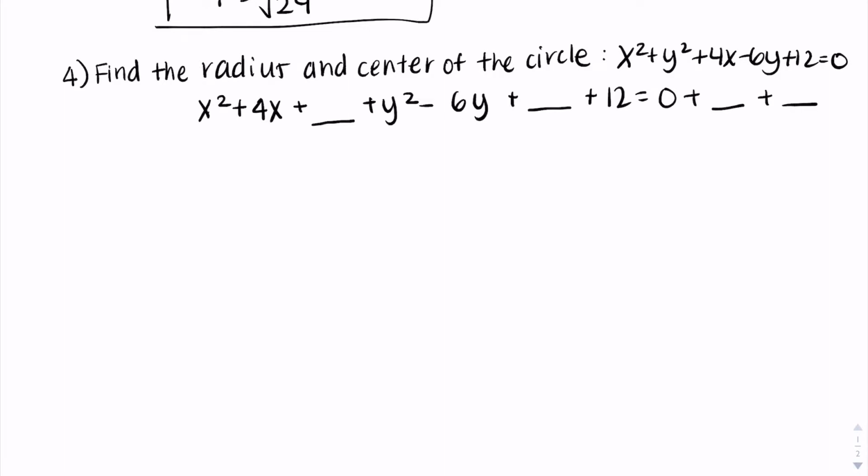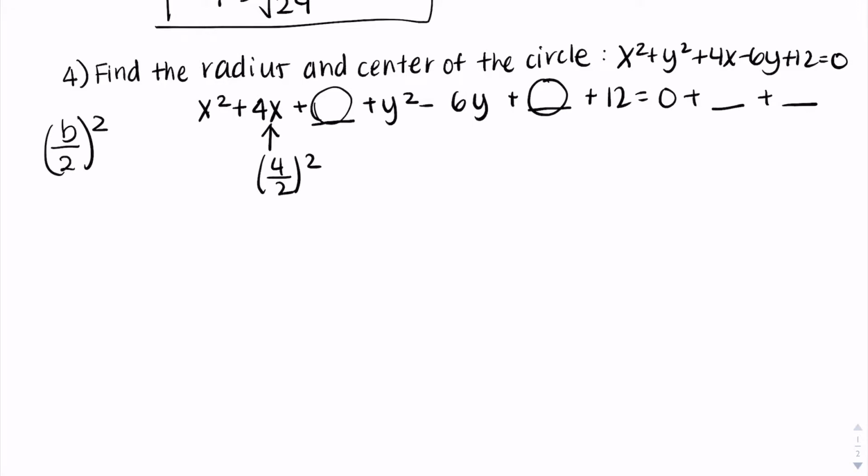The reason why I'm leaving this blank is because you will be doing completing the square. So to find the value in these, from the x value, you do 4 over 2, that's the formula, b over 2 squared.